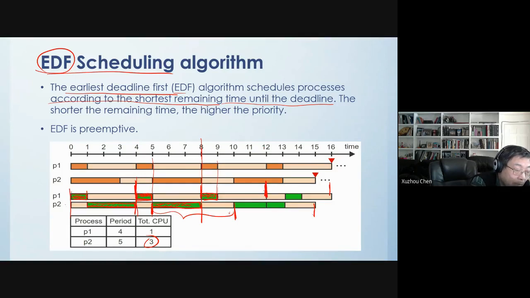And process 2 finished at 8, and at 10 process 2 starts its next period, so process 2 can start to execute. Now when process 2 reaches time 12, that's the time that process 1 is available, right? Now process 1 is available.